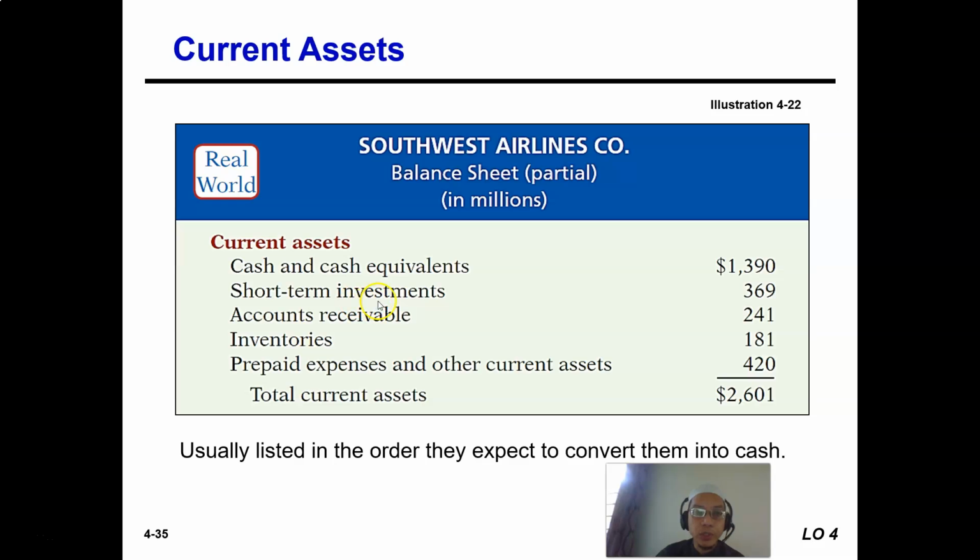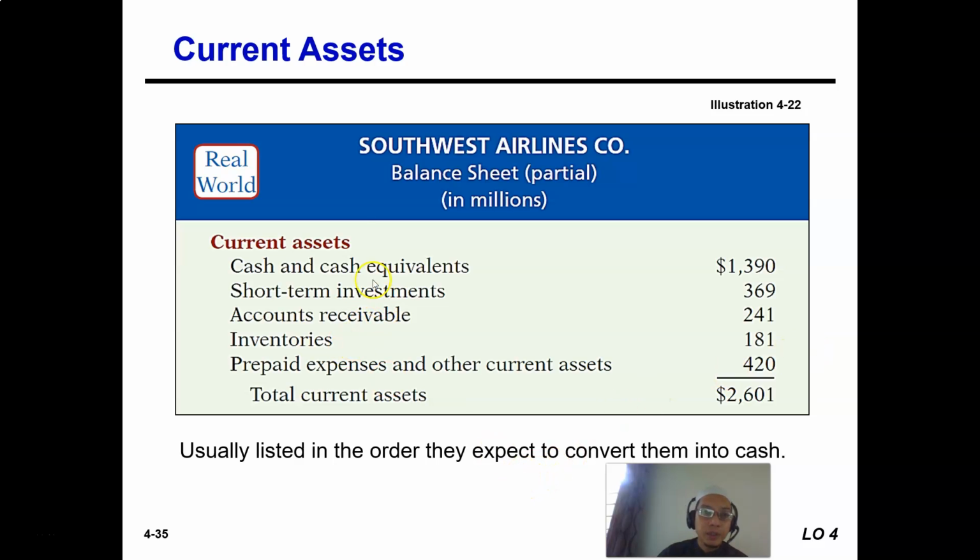They are expecting to get back their short-term investments. They are expecting to get payment from their accounts receivable. They are expecting to sell off their inventories. All these within one accounting period or within one operating cycle.